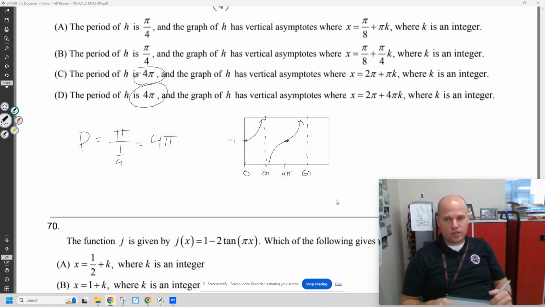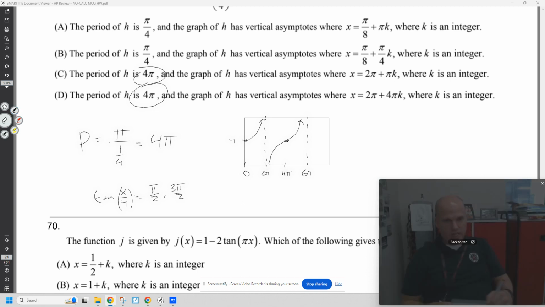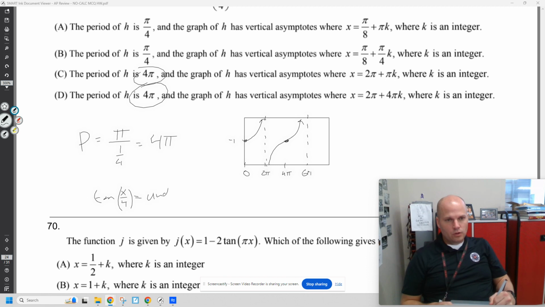Or you could try to solve the equation: when does tangent of x over 4 equal either pi over 2 or 3 pi over 2? So the angles equal undefined. Those angles are either pi over 2 or 3 pi over 2, and they're multiples.